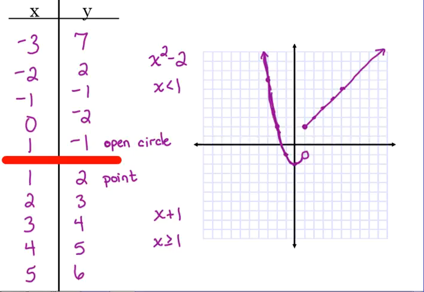So I'm just taking my table, plotting my points, making the left side look like the parabola that it's supposed to be. The right side's a linear function, so it's a line. It's going to keep going on the far right part because it's for all x values that are greater than or equal to 1. So we keep going on the right side, we keep going on the left side. Here in the middle, we've got to stop.